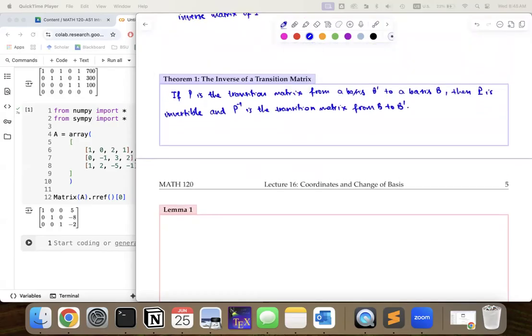So it's just going back and forth between the two bases. If you have the transition matrix from one basis to another, just find the inverse of that transition matrix, and you can work backward in the basis.